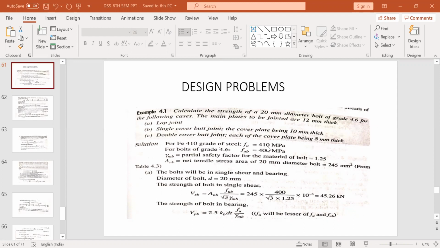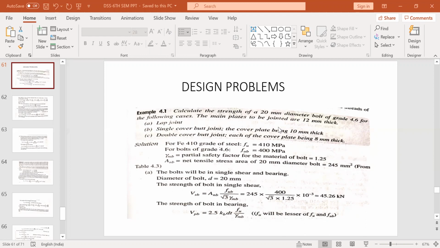FU is 410 megapascal, the ultimate stress in the steel. FUB, the ultimate stress in the bolt, is 400 megapascal. Gamma MB, the partial safety factor for the bolt material, is 1.25. These are all constants.